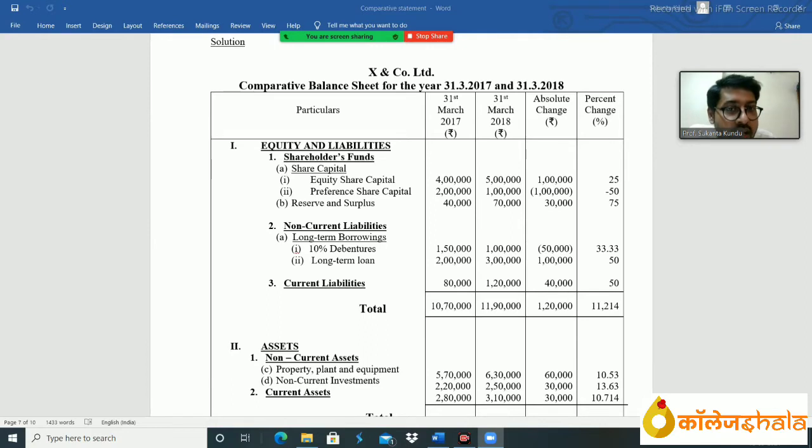Put the figures as per the question, then find out the absolute change. 5 lakh minus 4 lakh, that is 1 lakh, and the percentage change is absolute change divided by base year price into 100, that is 1 lakh divided by 4 lakh into 100, that is 25%. Here the absolute change is negative, so percentage change will also be negative.